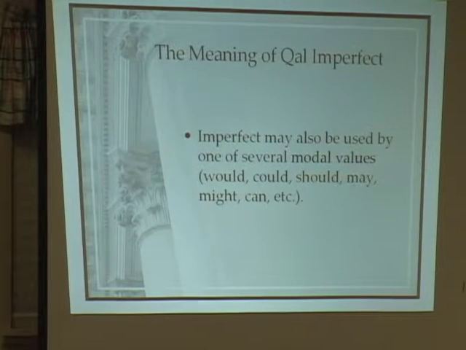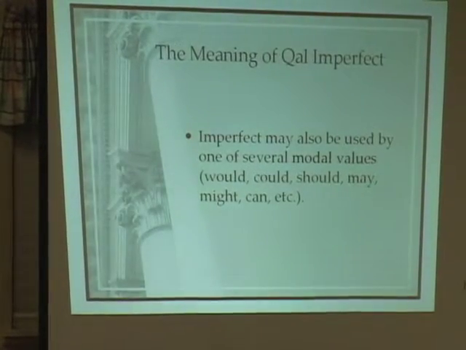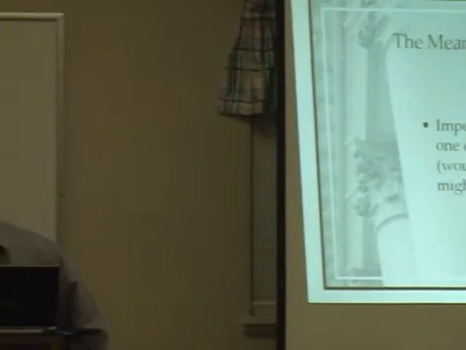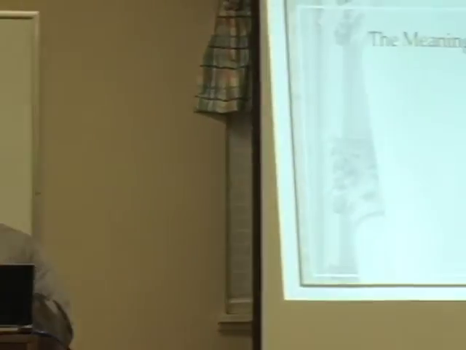Also, it may be used with one of several modal values, and modal values are usually the ones described by words such as would, could, should, may, might, can, and so on and so forth. Okay, so if you want to say, I would have gone there, you might use imperfect, because it's not a complete action that you're describing. You're describing supposed action. So you see there are many different aspects of the imperfect.